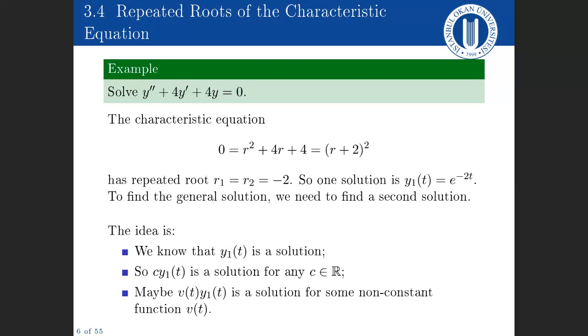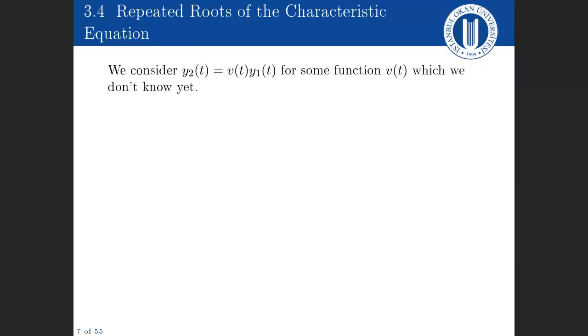Maybe v(t) y1(t) is a solution for some special non-constant function v(t), which we don't know yet. So we're going to look at v(t) multiplied by y1(t) for some function v(t) which we don't know yet.